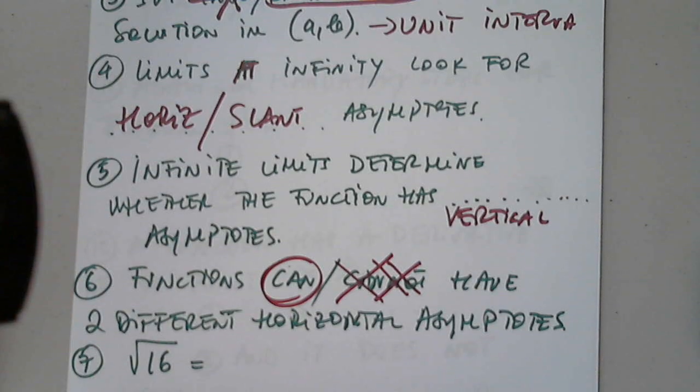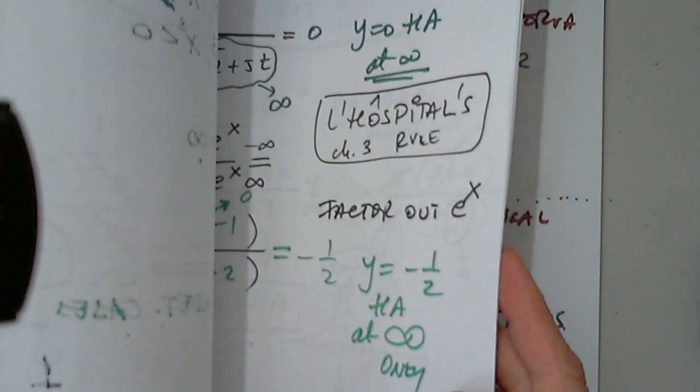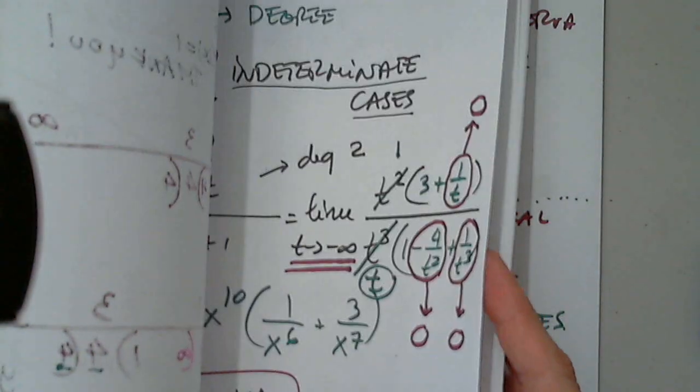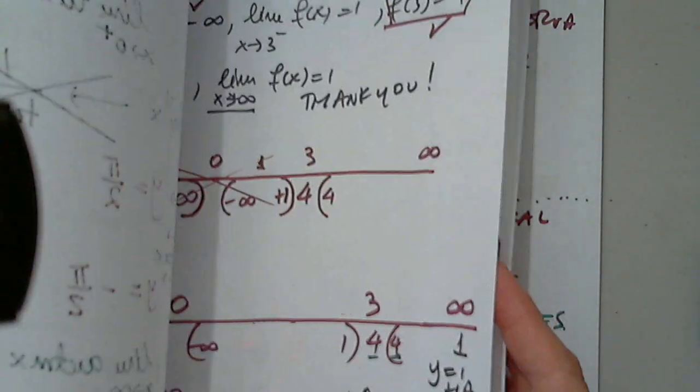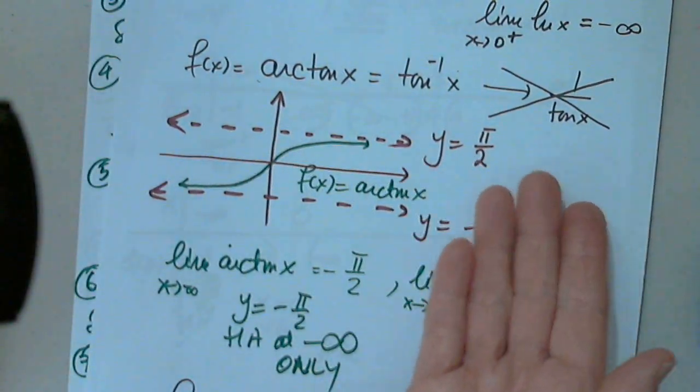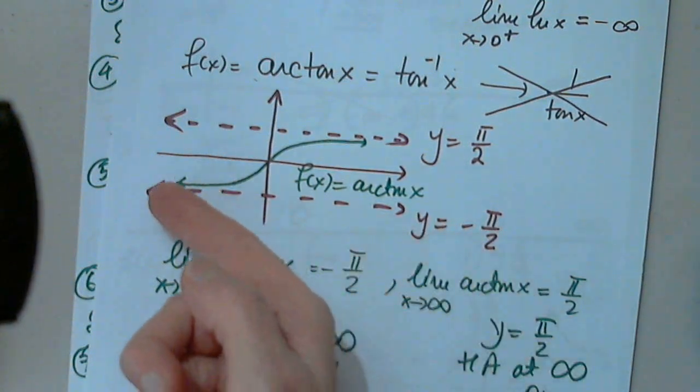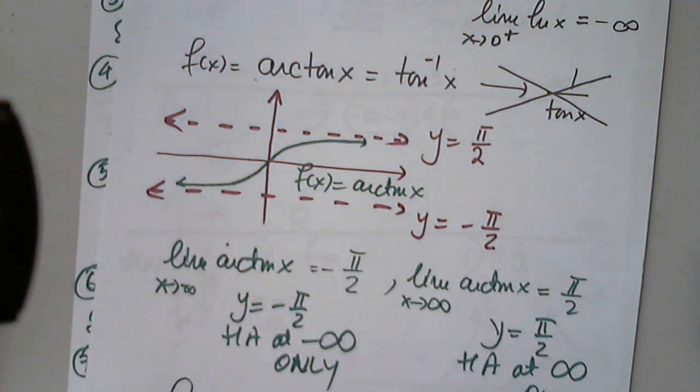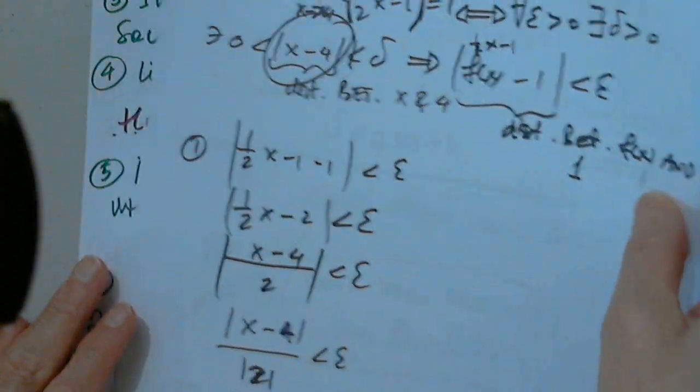And we had an example from last time. Here is a perfect example with the arctangent function. Arctangent has two horizontal asymptotes, one at positive infinity, which is pi over 2, and the other at negative infinity, which is negative pi over 2.